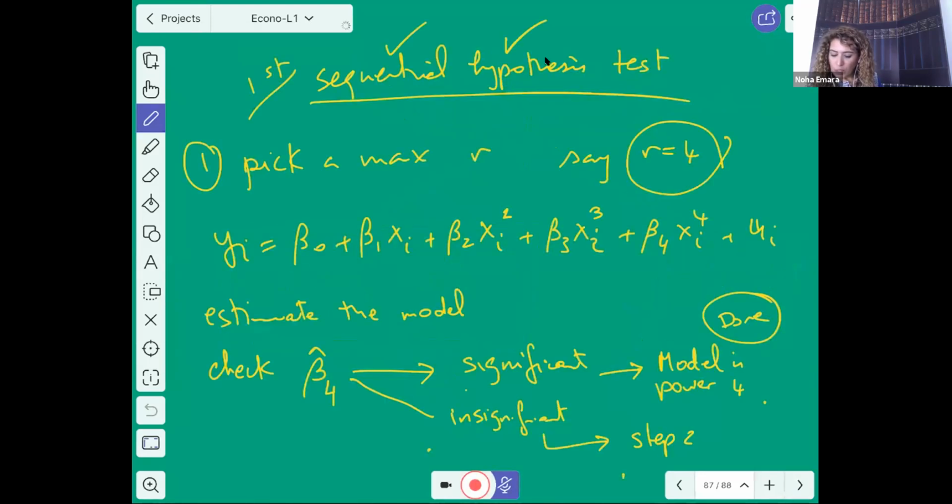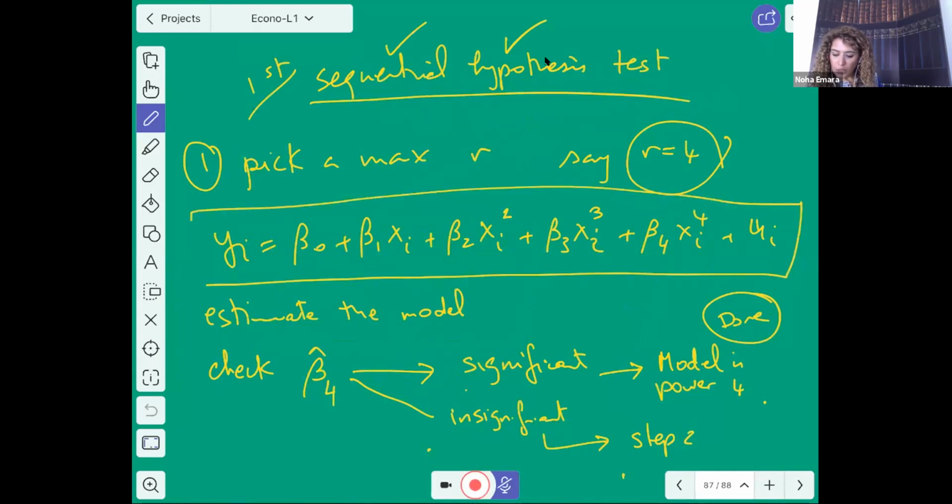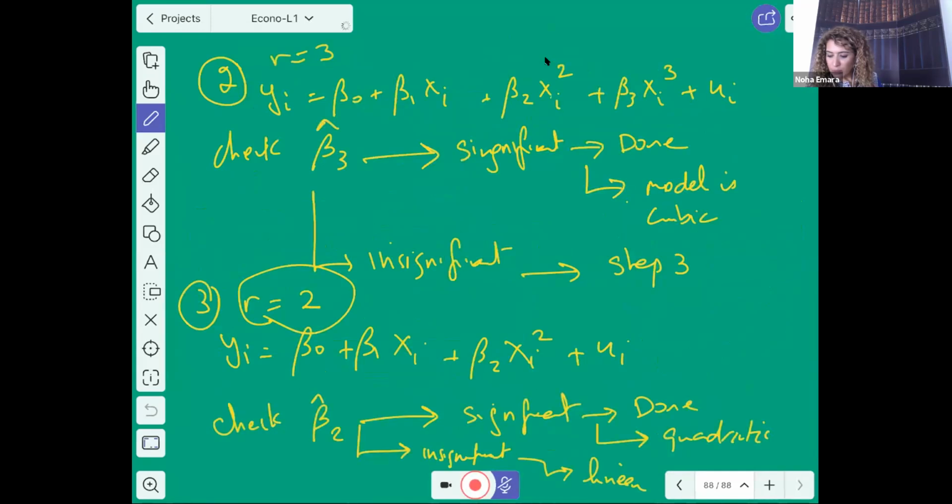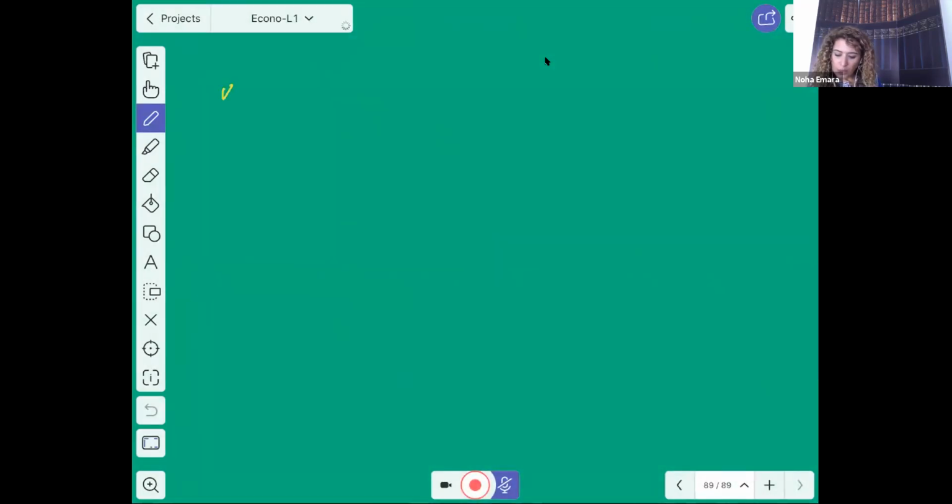I have this model here, and my question would be, is your model to the power 4 or linear? Let me have a clean slide. So in the block test, a block test is simply an F-test. As you know, an F-test is used when I'm testing more than one coefficient at once.